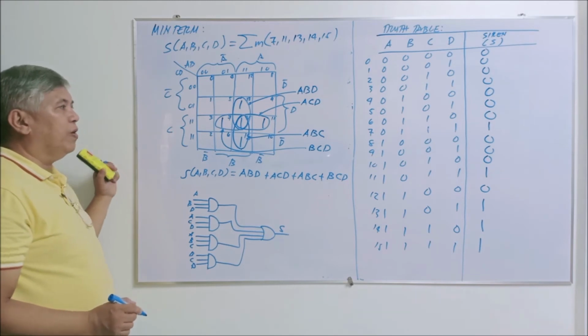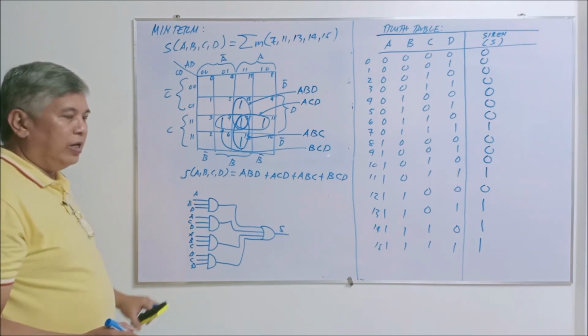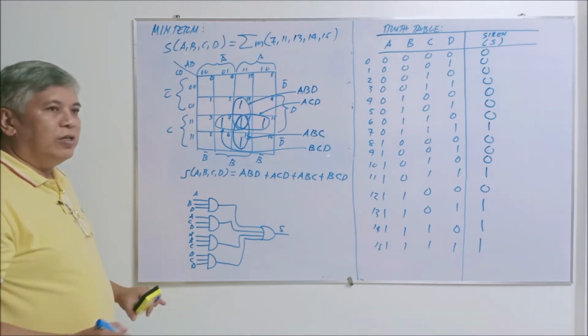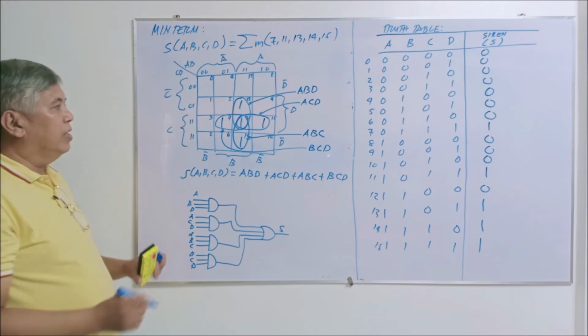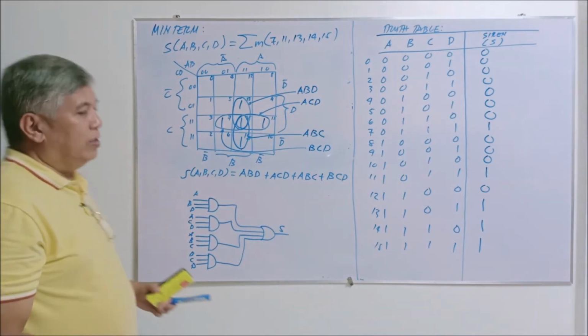Now, if you want to perform this in experiments, all A's here are interconnected, all B's are interconnected, all C's are interconnected, and all D's are interconnected. Okay? So this is our min term.